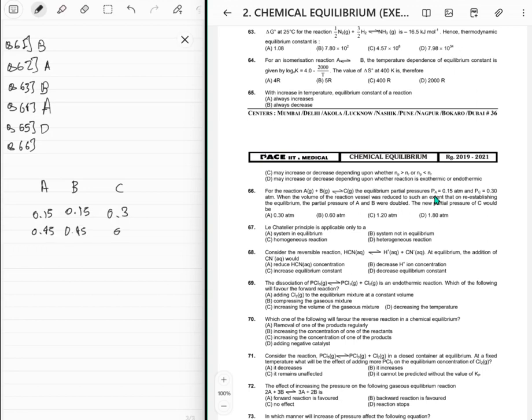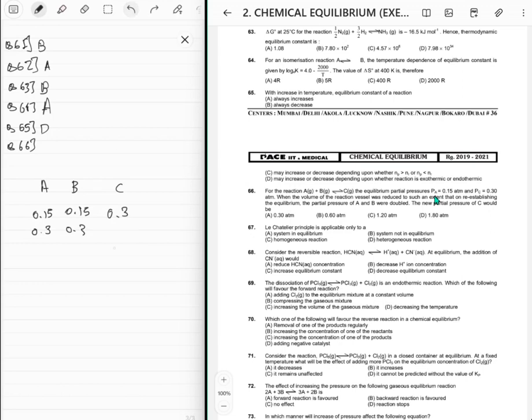And now if we change the volume... no wait, why are we even doing this? We already know that their pressure just changed to doubles, and now we just need to find what the pressure of C is. It isn't that hard because Kp is still the same.